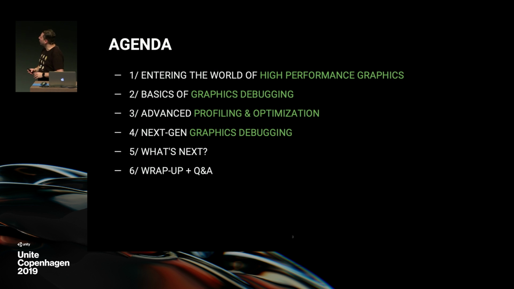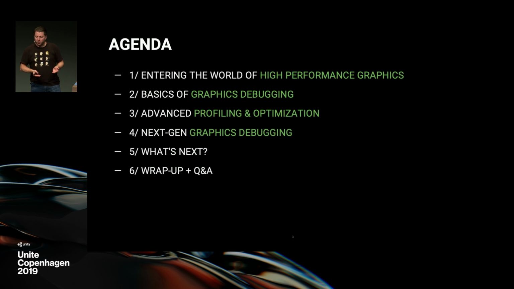So let me tell you a little bit about what we're going to talk about. The agenda today: entering the world of high-performance graphics. Let's talk about what that means and how HDRP is important to that. We're going to talk about the basics of graphics debugging. Sounds like that's kind of a new concept to some of you, so I want to make sure that you understand the basics before we dive into more advanced topics, including profiling. I think that's why most of you are here. You want to understand how to make your applications run faster.